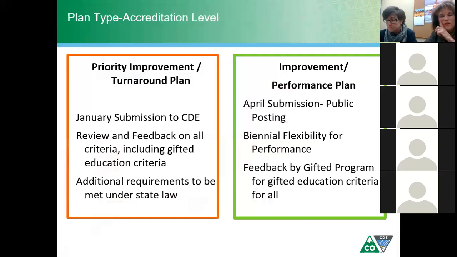Right. And because I see that our attendance here is both gifted staff and general ed staff, the feedback by gifted education regional consultants is not evaluative in nature. There's a little protocol that can be used for conversation, for dialogue, either individually or discussed in a small group or large group in the network meetings.